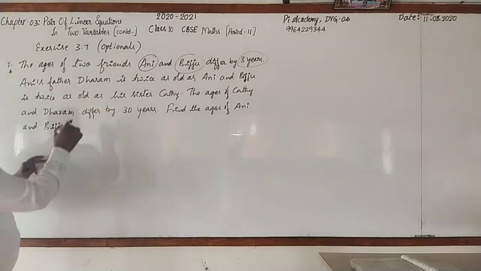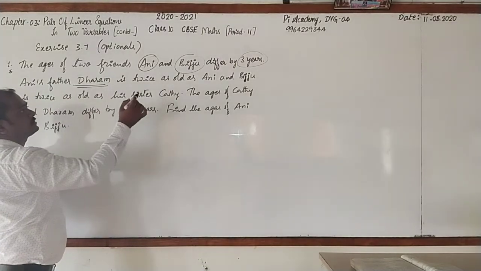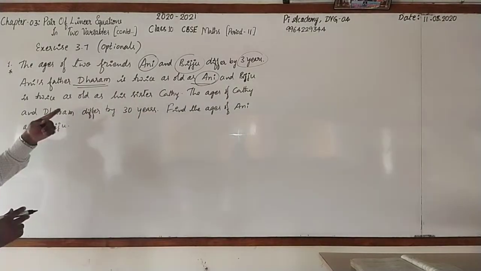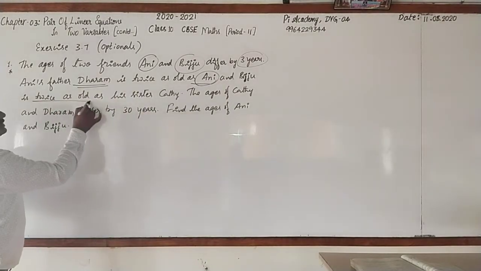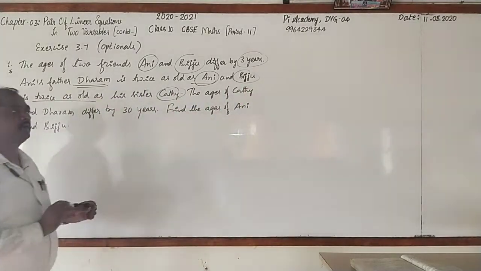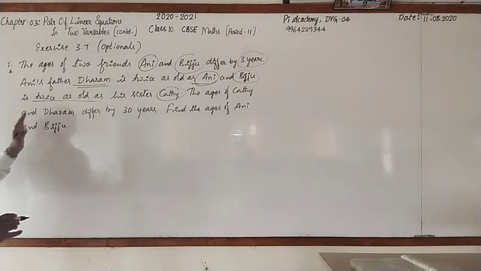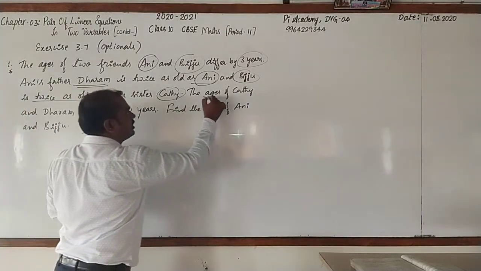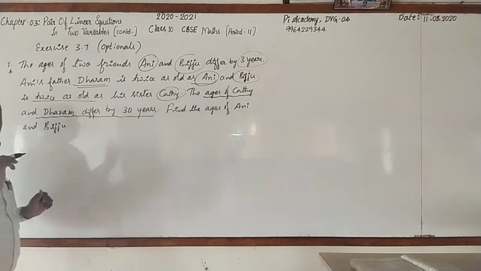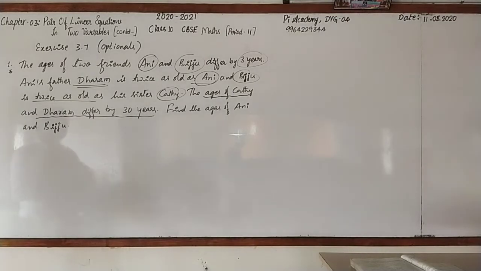Ani's father, Dharam, is twice as old as Ani, and Biju is twice as old as his sister Kathy. And the ages of Kathy and Dharam differ by 30 years. Find the ages of Ani and Biju.